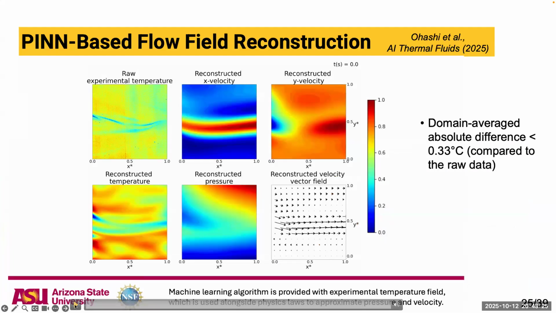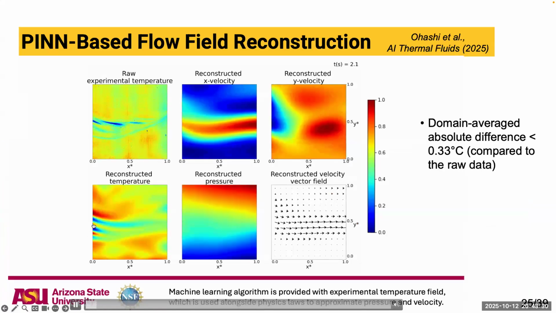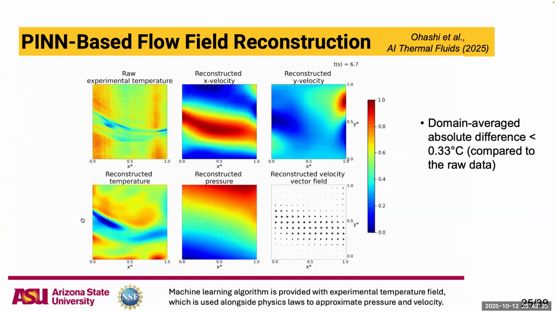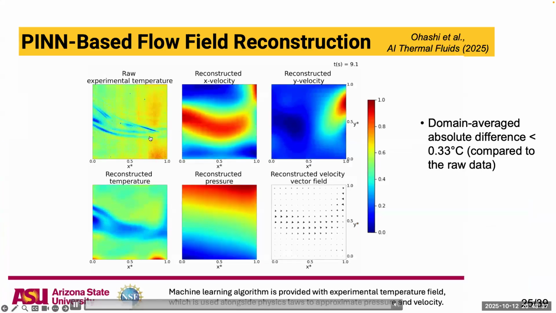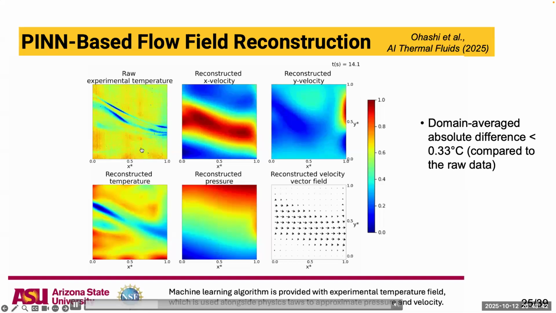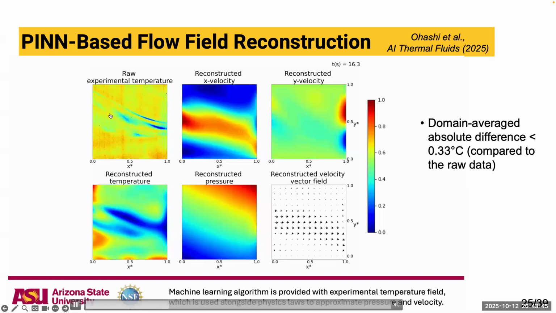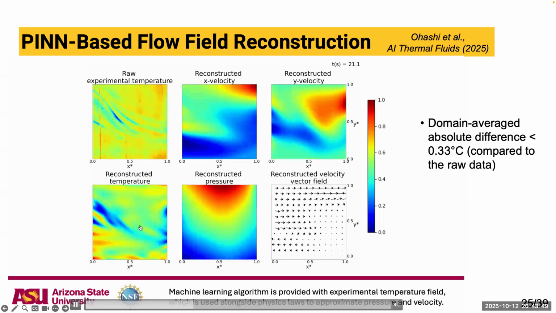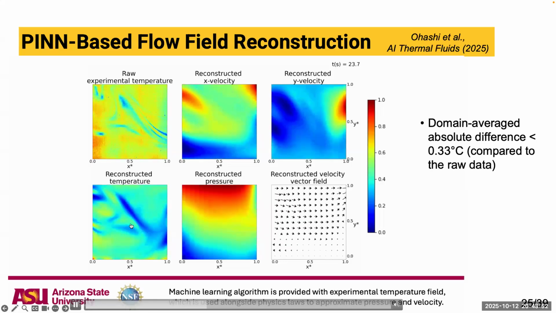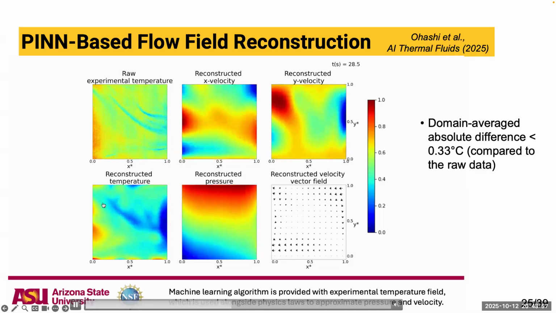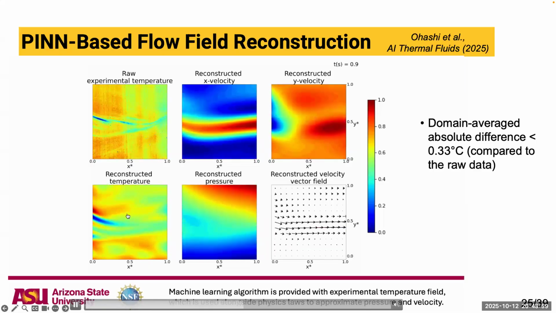All right, so now we see the example, the result from our PIN. On the top left corner, you see the raw temperature measurement data, including the vertical line and non-uniform background color noises. But after PIN takes this input, it predicts a really clean and correct temperature distribution. The cold fluid passes through the channel, especially in the center region.